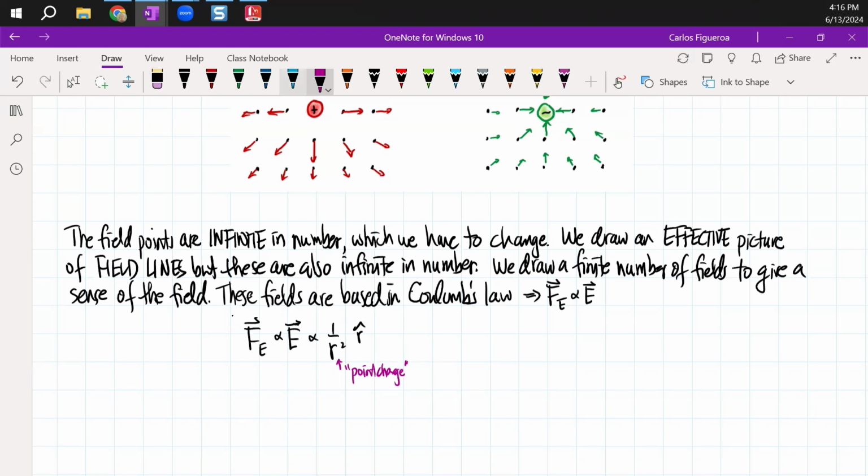But that's not the important piece here. The important piece is this guy right here, that the field lines of a point charge are symmetric.